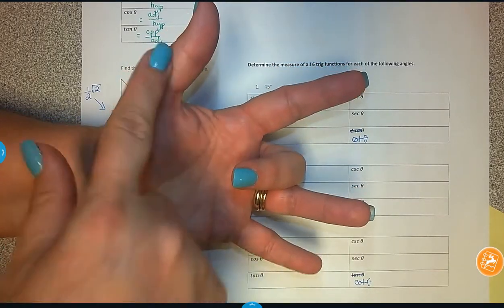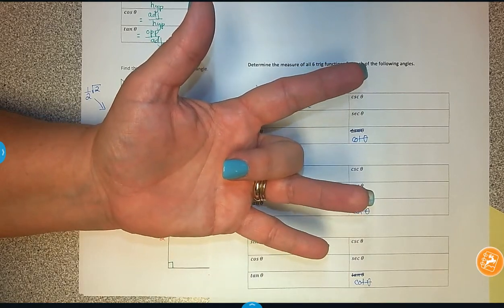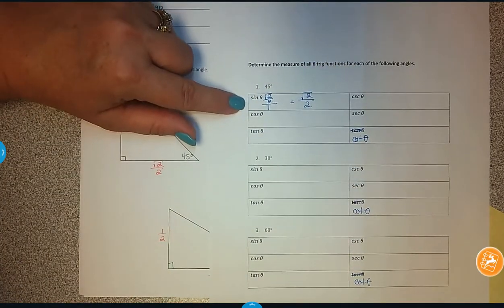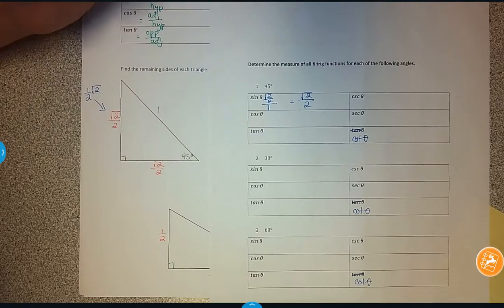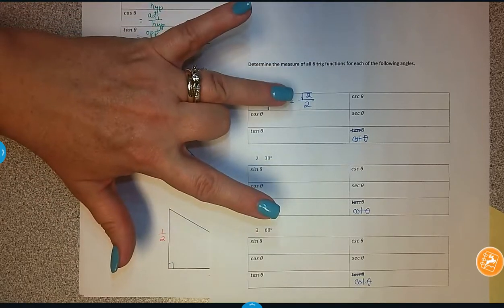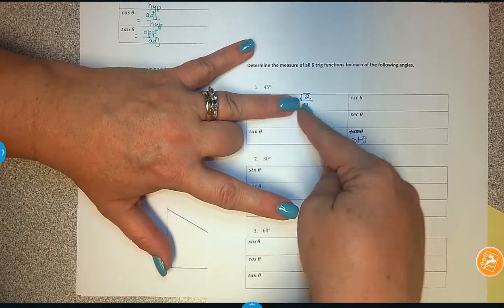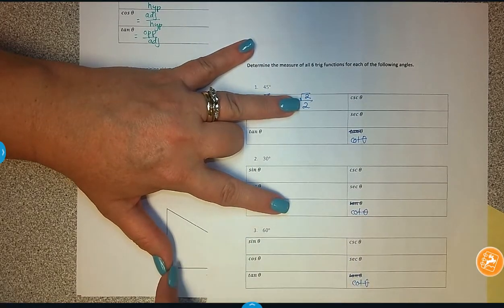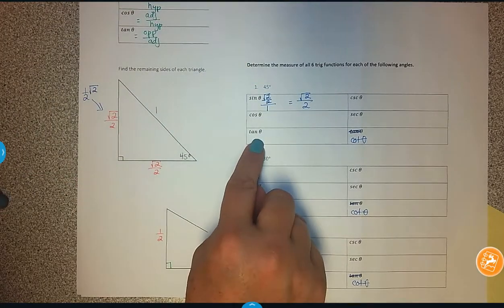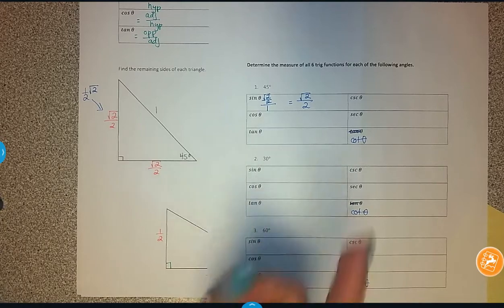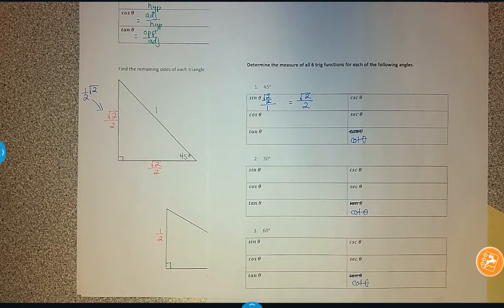Okay, we're going to learn what those are in just a few minutes, but that's all related to the sine, the cosine, and the tangent. I told you the other day that tangent would be on the back. So based on that, I've got the square root of 2 over the square root of 2 reduces to what? 1. Guess what our tangent's going to be when we do it down here? 1. Now let's go back to the triangle and see why it's 1.